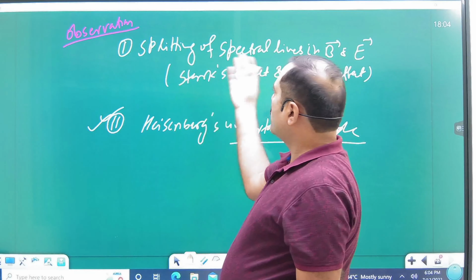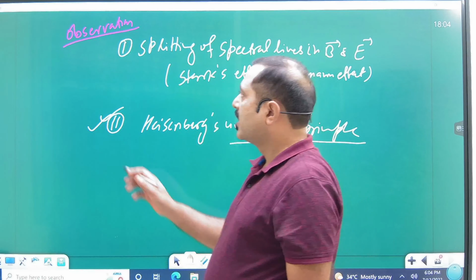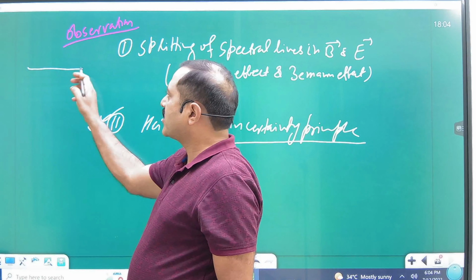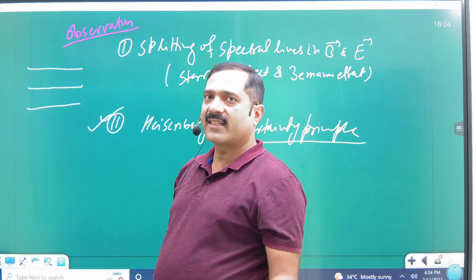The reason Bohr could not explain the splitting of energy was that they defined a perfect stationary orbit, a cell, and there was no concept of subcell within a cell.